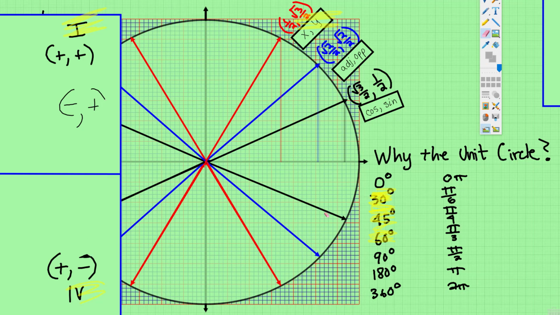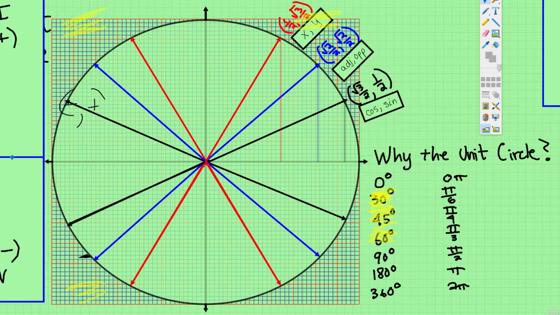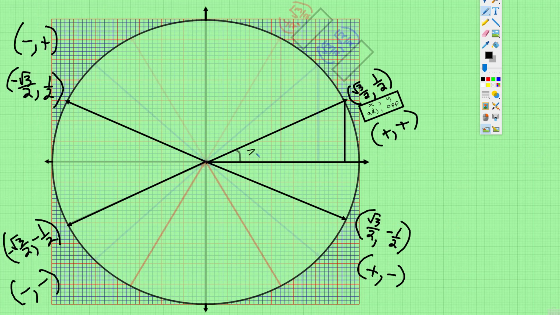So we're going to have this unit circle, and there's going to be some patterns within the unit circle dealing with the 30, or pi/6, the 45 degree, or pi/4, or the 60 degree. 60 is from there to there, 45 is from there to there, 30 is from there to there. Okay, so first we're going to talk about the 30 degree, which happens to be pi/6.